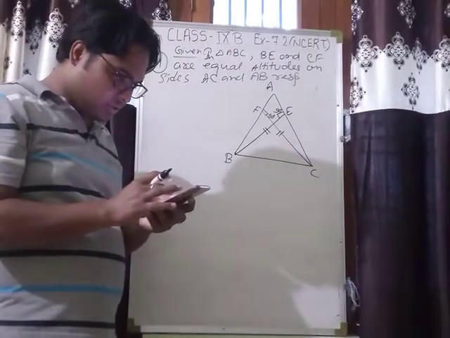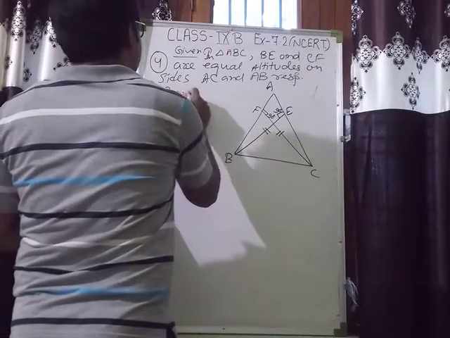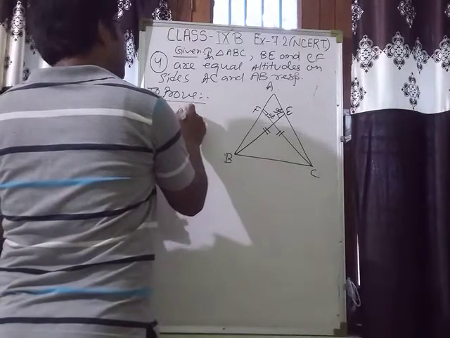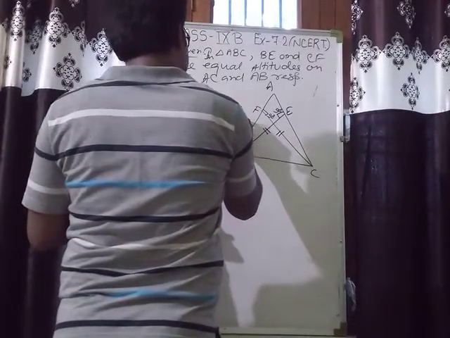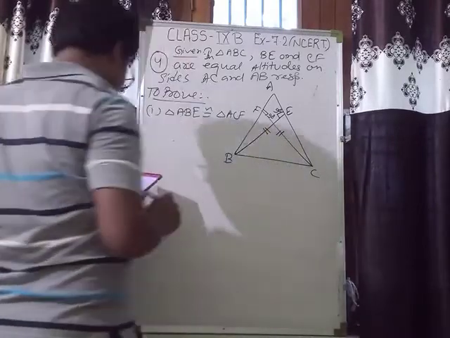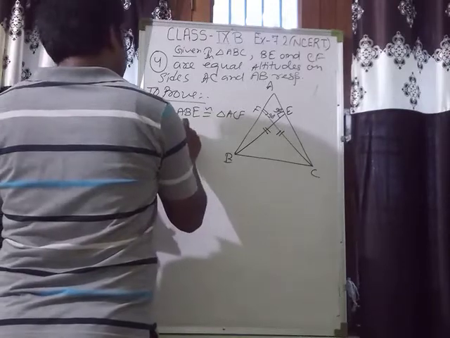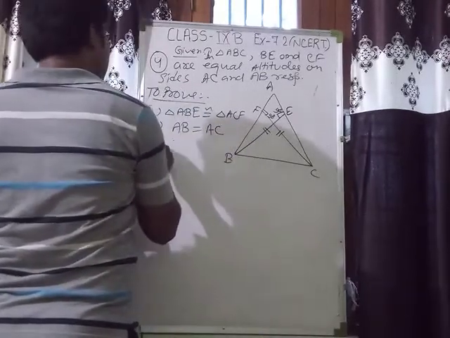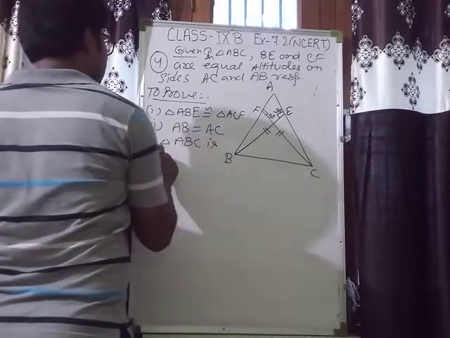To prove, first, triangle ABE is congruent to triangle ACF, and second, AB equal to AC, that is, triangle ABC is isosceles.